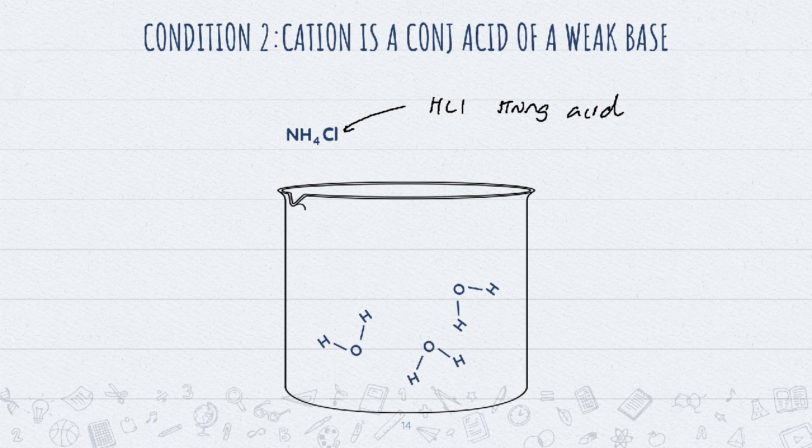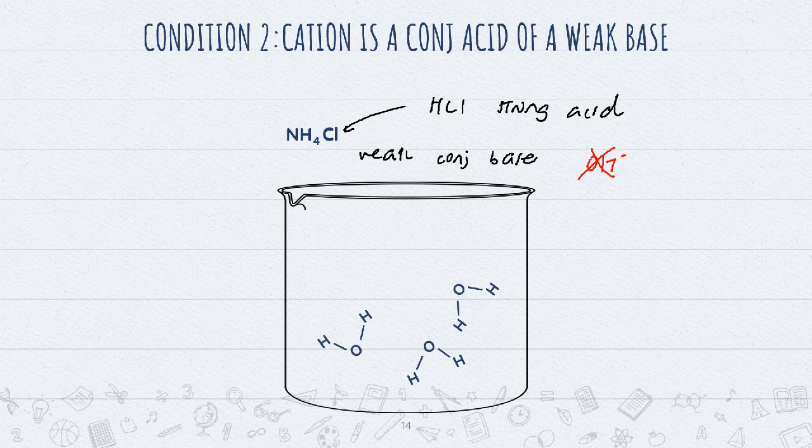As we deduced previously, our chloride ion is a weak conjugate base, so it will not be able to hydrolyze or react with water to produce OH minus ions.